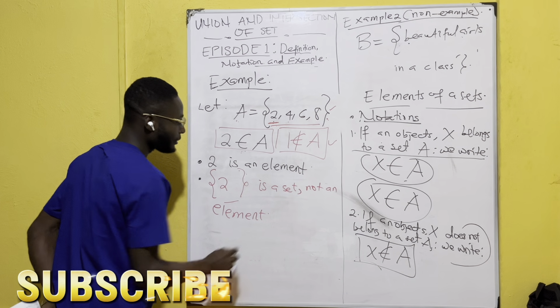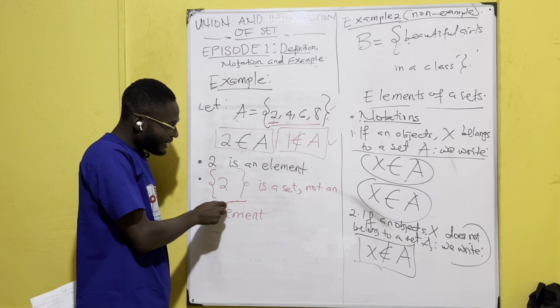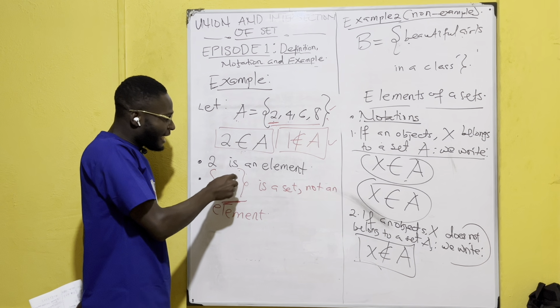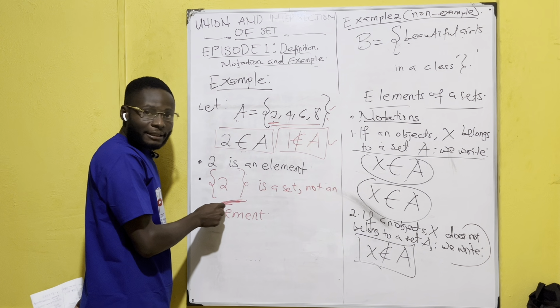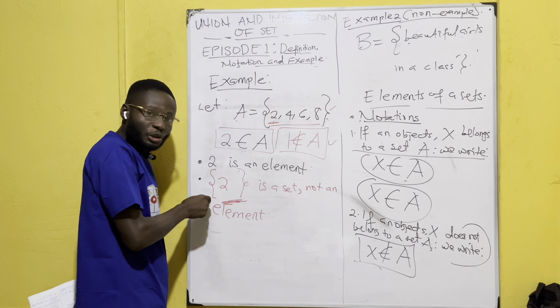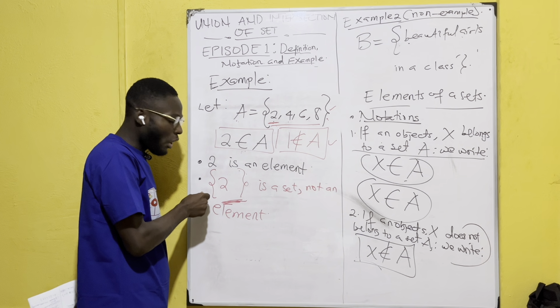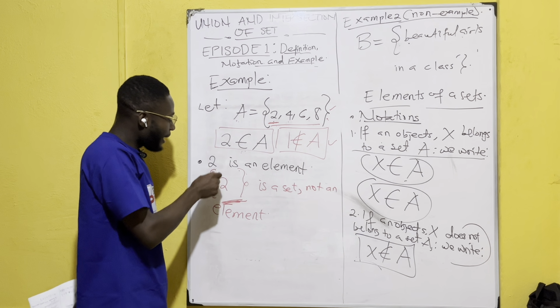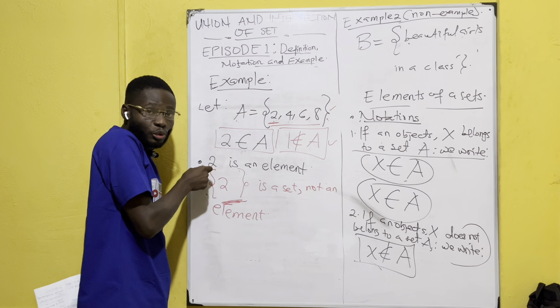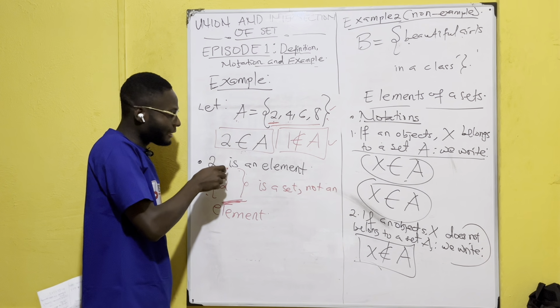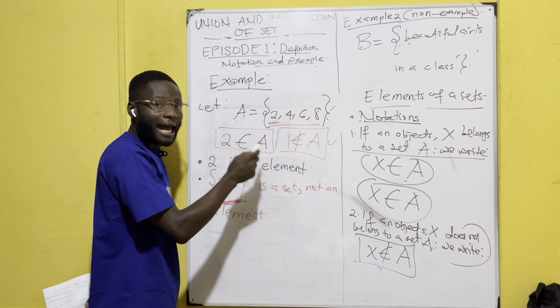So if you see this, this is a set. This is not an element because you have used a notation called a curly bracket. But if you write just 2 without any curly bracket, then it means that it is an element.